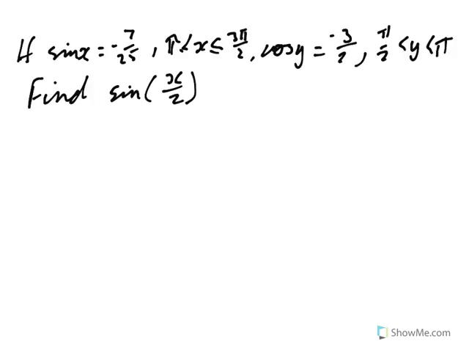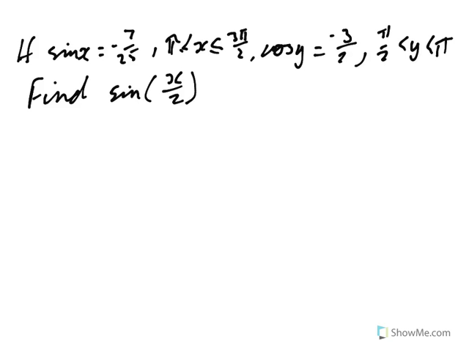Okay, so we can also use these double angle formulae in ways like this. We've been told what sine x is, and we're told what cos y is, and we've got to try and find, in this case, sine x over 2. This time, again, some of the information is not going to be necessary.